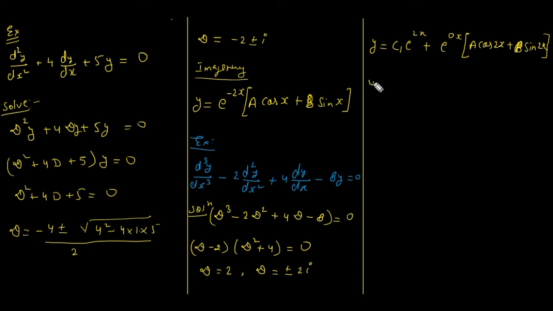So finally we will write c1 e to the power 2x plus a cos 2x plus b sine 2x. This is the final solution for this given problem. In this way we will find the complementary function of each type, either real and unequal, or real and equal roots, or imaginary roots.